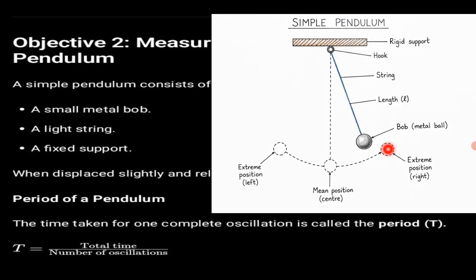So the time it takes to move from this point to that end and back is called the period, or periodic time. So the time taken for one complete oscillation, which is to move from here to that end and back, is called a period, denoted by the letter T, capital T.